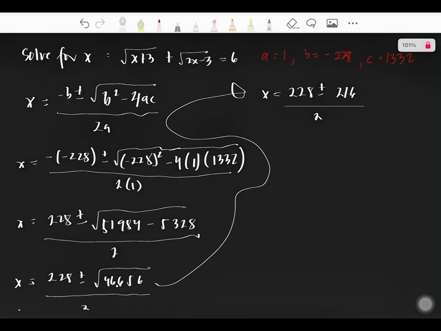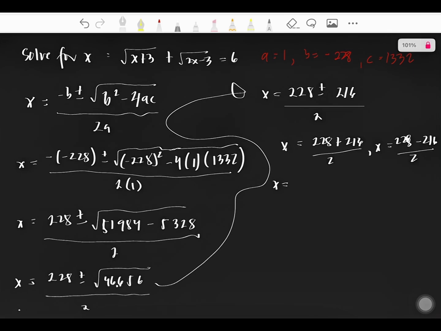Now let's separate our two x values. We have x is equal to 228 plus 216 all over 2, and for our second, x is equal to 228 minus 216 all over 2.